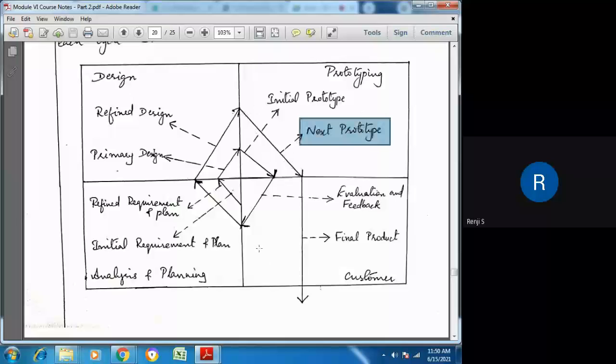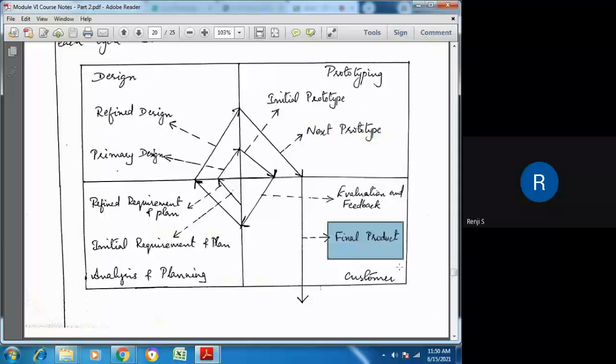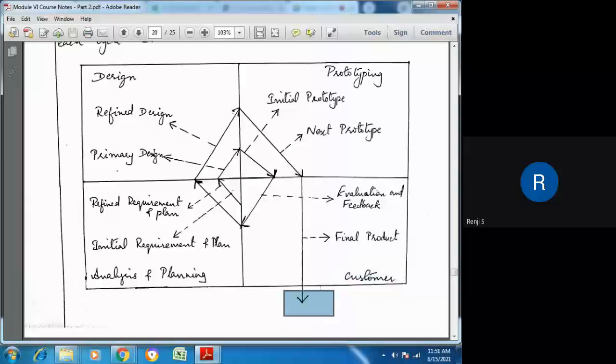When this goes on in a loop, and finally when all requirements have been built into the product, a final product is developed and given to the customer for evaluation. If the customer accepts the final product, then it comes out of the loop, out of the quadrant.